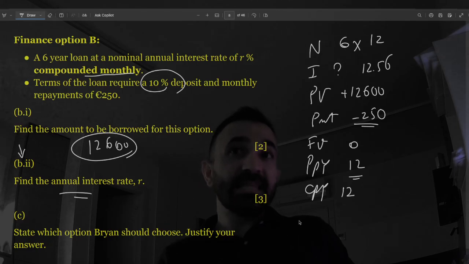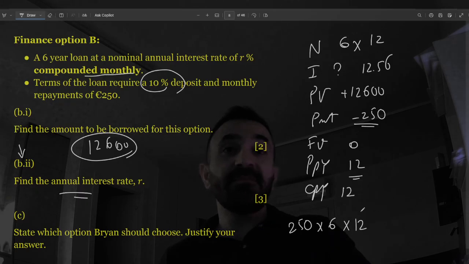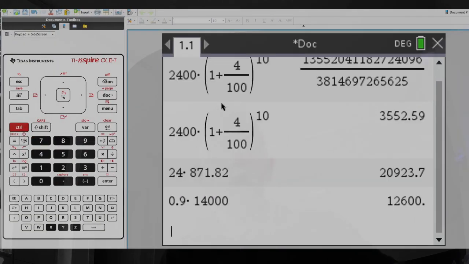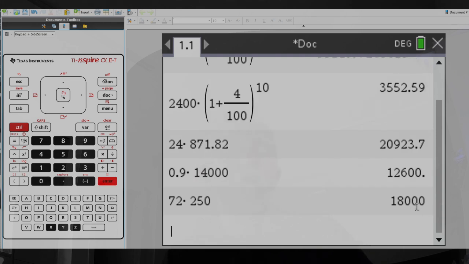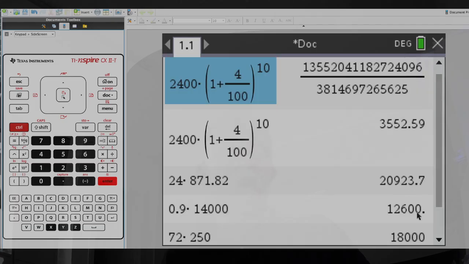Okay, in this case, I'm paying $250 for 6 years, every year 12 times. So 72 times 250. So what is the amount of interest here? What is the total amount of money I'm paying? $18,000.